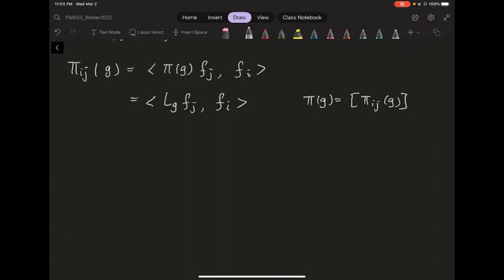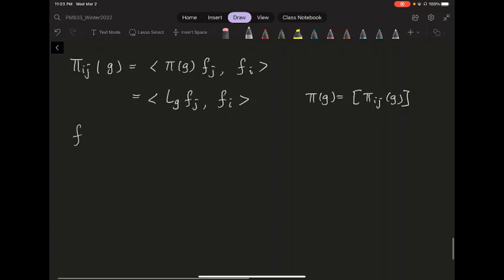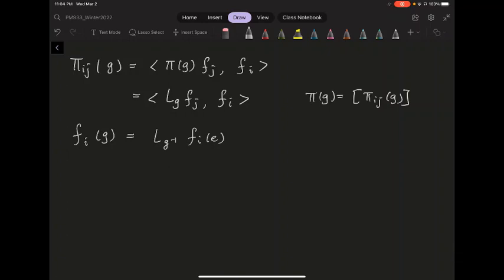Well, it suffices to show these basic vectors are spanned by some matrix coefficient of some finite dimensional representation. So let's start with any orthonormal basis vector Fi, and I consider what is Fi of G? Well, it's essentially just equal to the left translation by G inverse of Fi evaluated at the identity, okay?